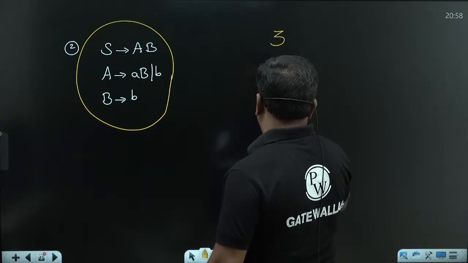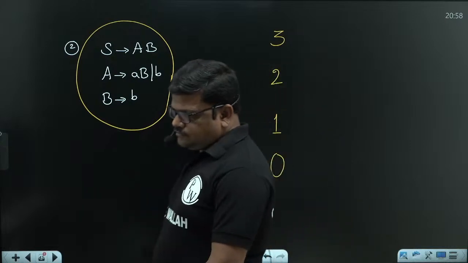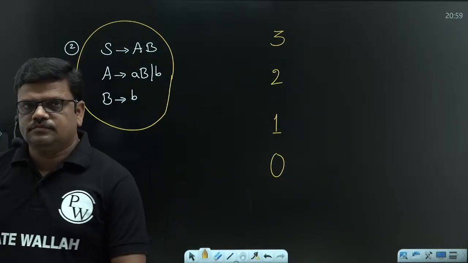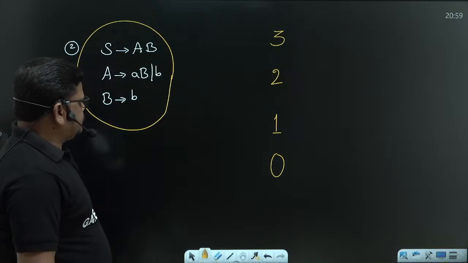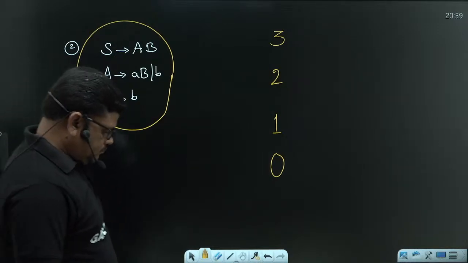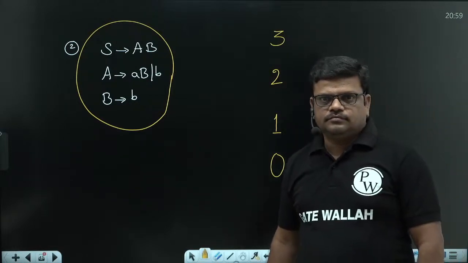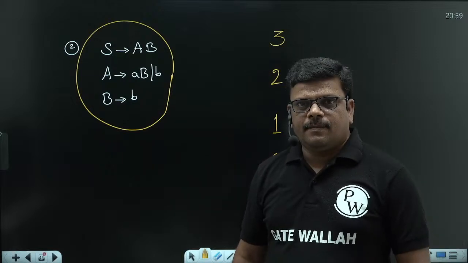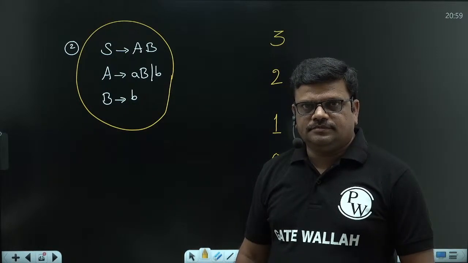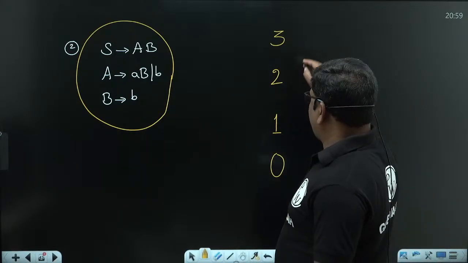Check for 3, then 2, then 1, then 0. So what is type 3?